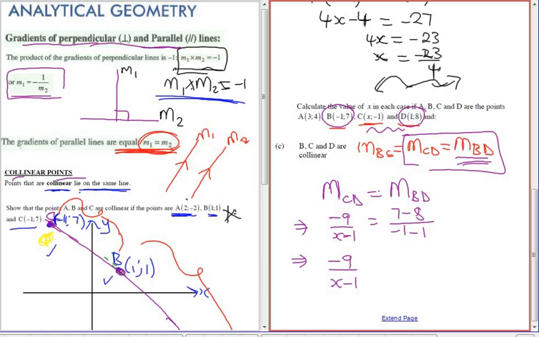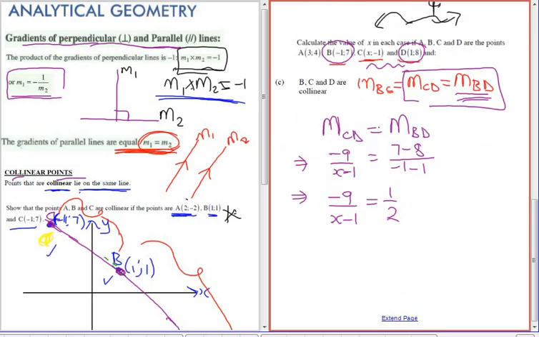Okay, and 7 minus 8 will be known to be negative 1 and negative 2 at the bottom. So it does look like we will just have a half like that. Then that is the step where we are actually expected to cross multiply. And if we cross multiply now, we should be able to get x minus 1 is equal to negative 18.